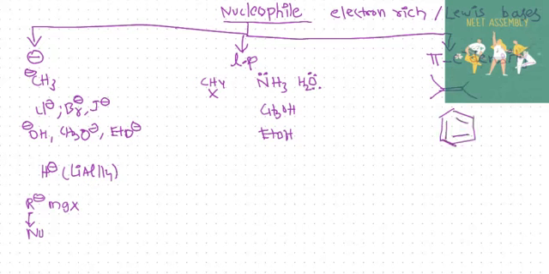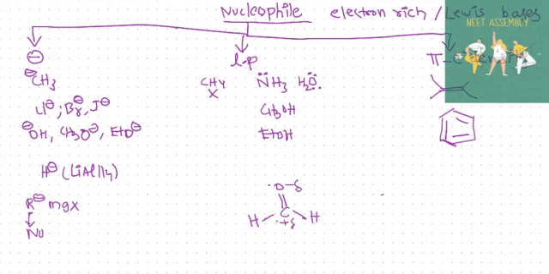There are some other cases. Earlier we wrote C double bond O, where carbon is on the positive side and oxygen is negative. So both an electrophilic site and a nucleophilic site are available.